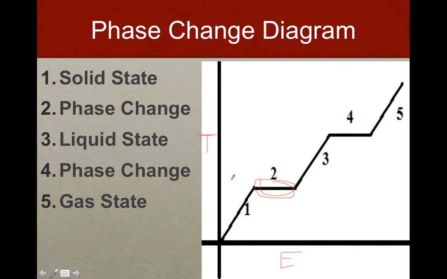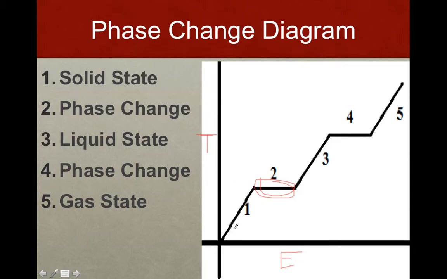So as you're going across, you can see energy is always changing. But once I reach this point, temperature doesn't increase anymore. It goes flatline right here, and that means it's undergoing a phase change.